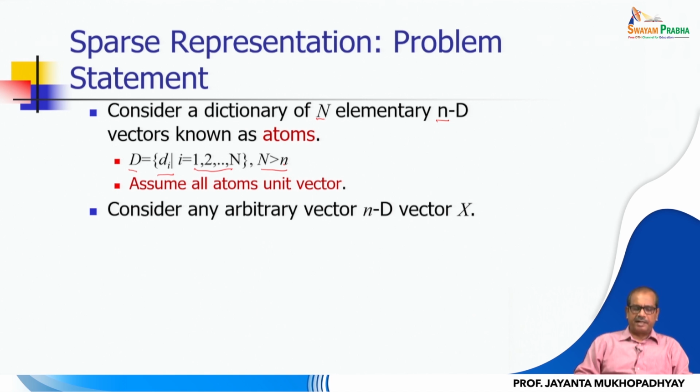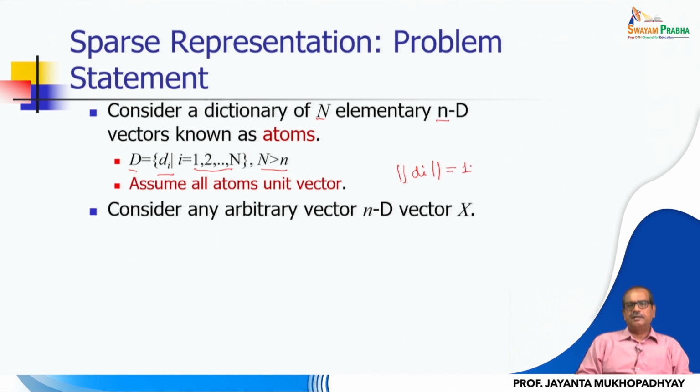Also, let us assume that each atom is a unit vector. So it is not only a vector, but also a unit vector, which means that if I take the magnitude of the atom, which we can consider as the L2 norm of the vector, that should be equal to 1.